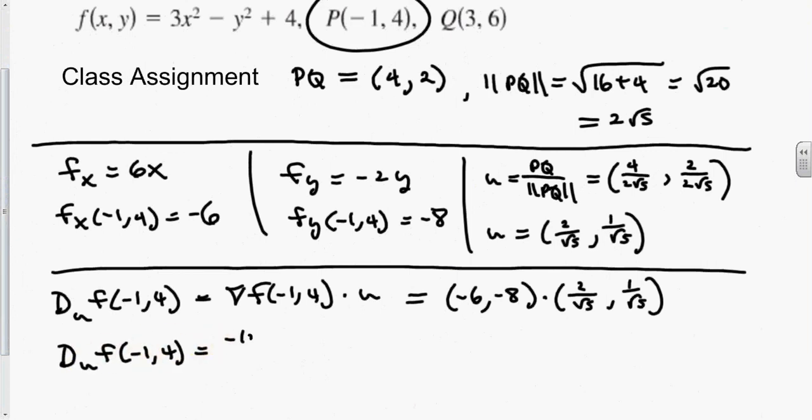So we get negative 12 over the square root of 5 minus 8 over the square root of 5, negative 20 over the square root of 5, or just negative 4 times the square root of 5. Is that okay now?